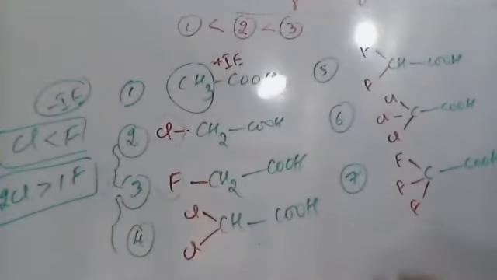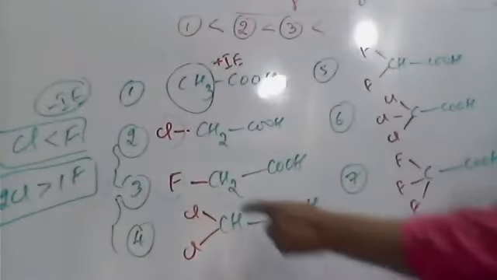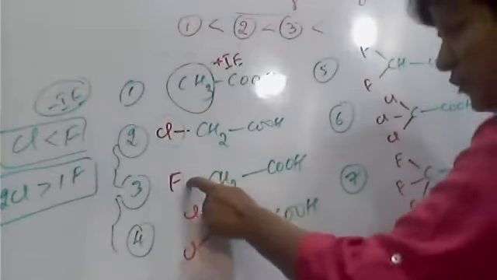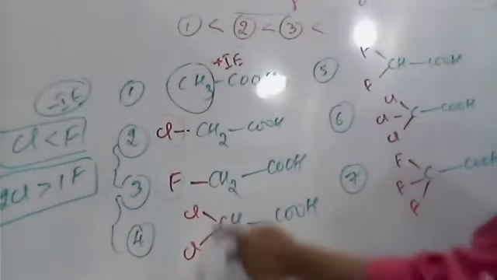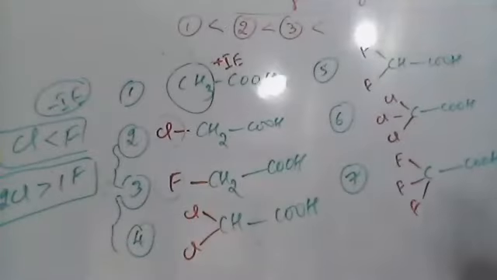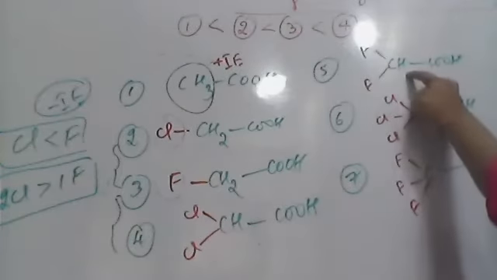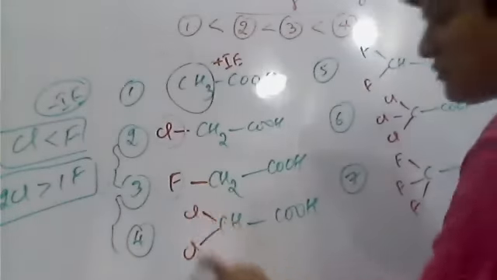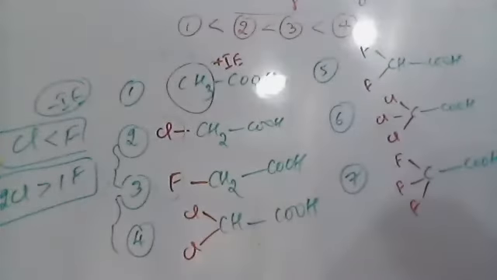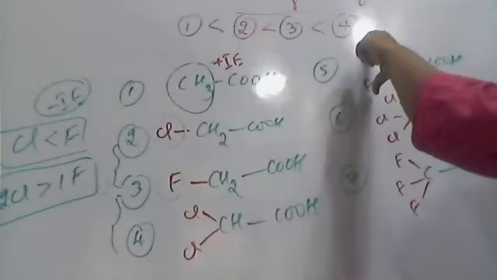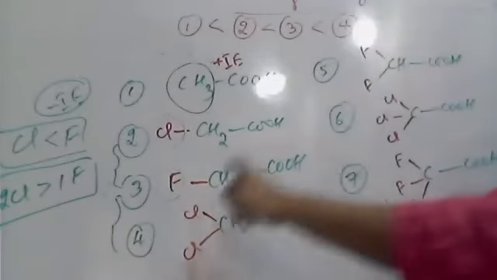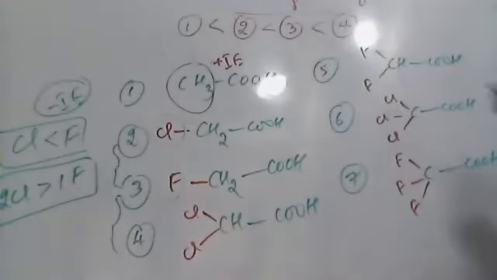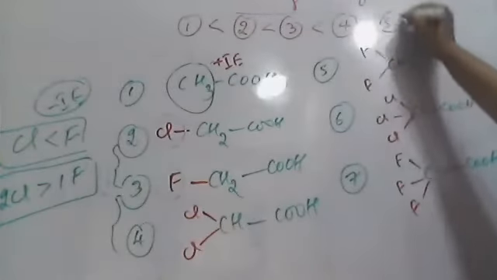And after that, rather than one fluorine, two chlorines are more effective. Therefore, the fourth one is stronger. Then the fifth one has two fluorines, and the fourth one has two chlorines. So obviously, the effect of two more electronegative groups is more than the less electronegative groups. Therefore, the fifth is stronger than the fourth.